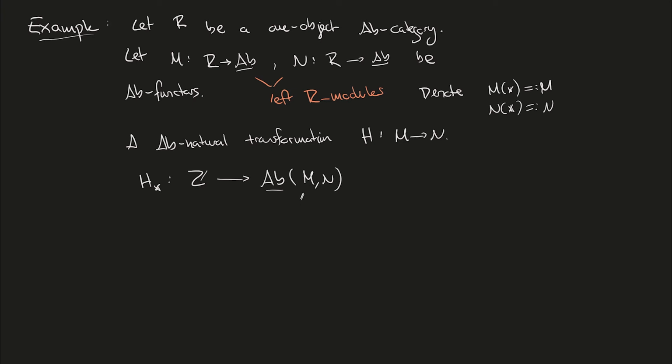This is because this is just M of star and this is N of star. Moreover, this single component is required to satisfy the V-naturality condition, which I'll write down.